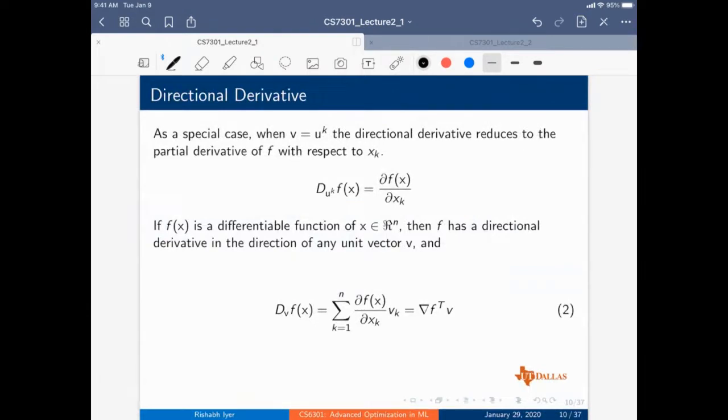It's easy to see that the directional derivative, if you take the unit directions uk, which are the unit vectors, is nothing but the gradient in the kth dimension. Why is this? Because this is how the gradient is defined: you're taking a partial derivative for each of the xi's.